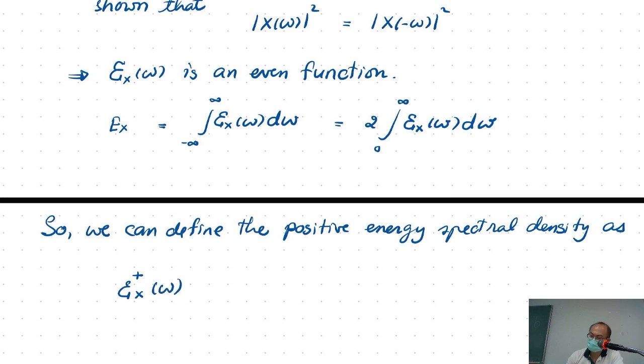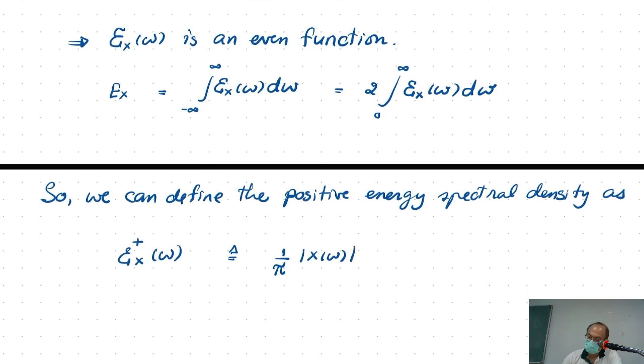The symbol plus here indicates that this is defined only for positive frequencies. So this is defined as 1 over pi times the absolute value of X of omega squared. But now in this definition, the frequency is non-negative.